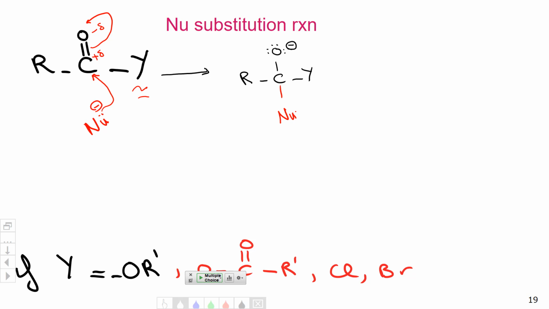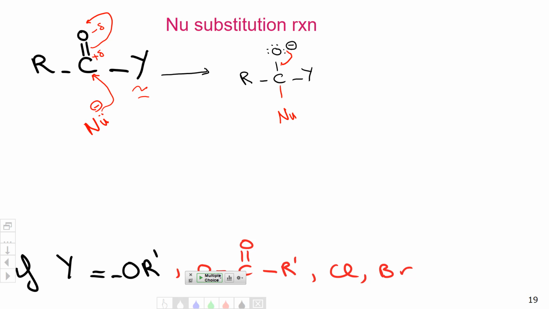Now this step is very similar to what we've seen in the ketones and aldehydes. It's exactly the same step. Now I want your attention on the second step, which is the difference between ketones, aldehydes, and this.